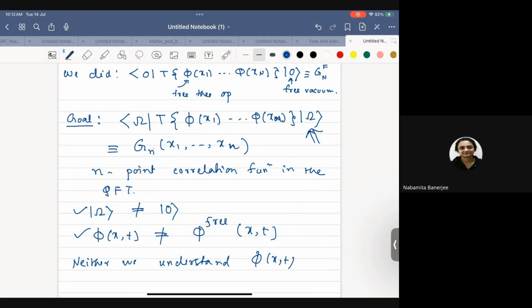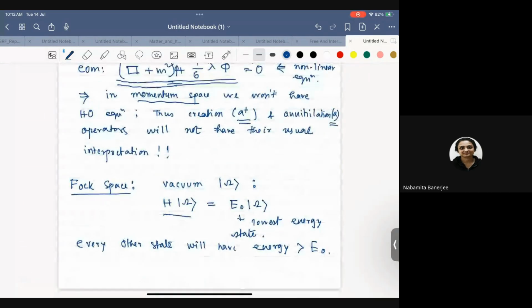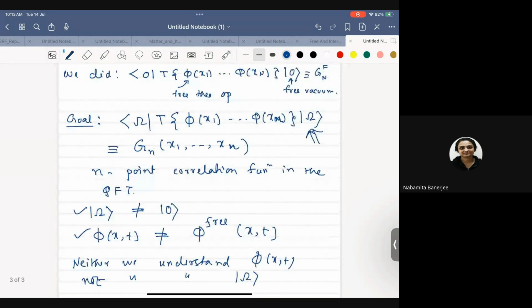So neither do I understand this, nor do we understand this state. The only definition of omega that I have is that omega is the lowest energy state of my theory. But that's it. Nothing more than that we know. And then I do not have an idea how I am going to compute this quantity. So that's the goal. We have to compute it somehow with whatever machineries we have built.